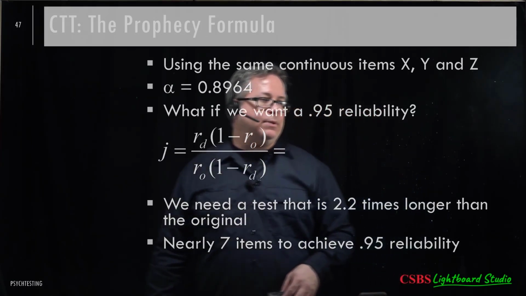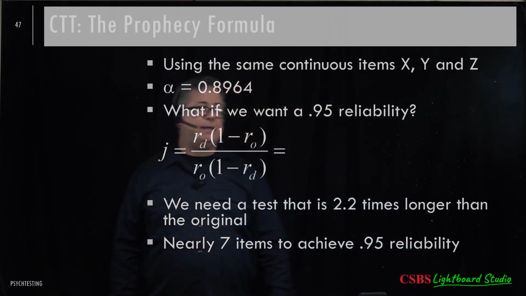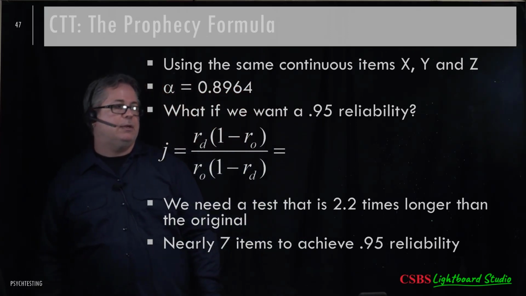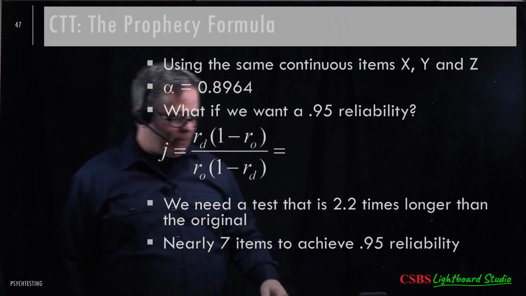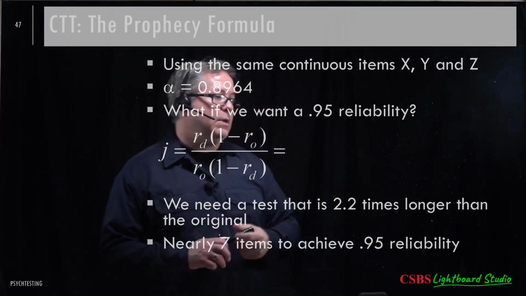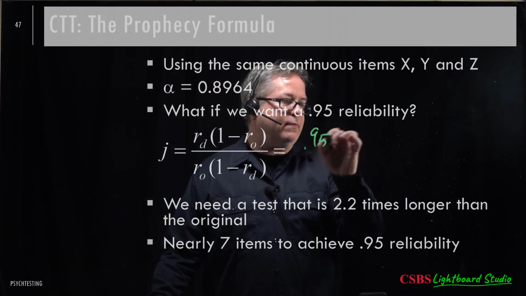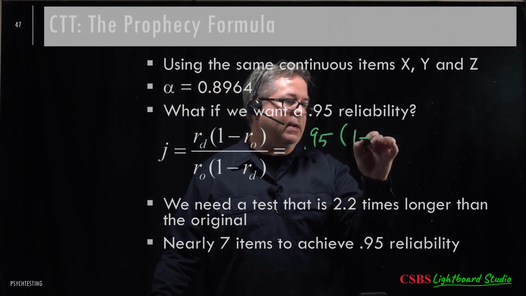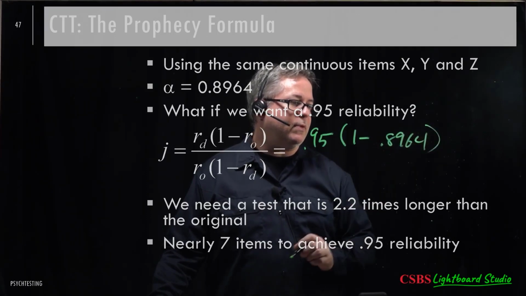So using the same continuous x, y, and z, I have 0.8964 as my reliability. Again, it has 3 items. If I want to get to a 0.95 reliability, I would plug that in as my desired reliability: 0.95 times 1 minus 0.8964, which is my observed reliability.